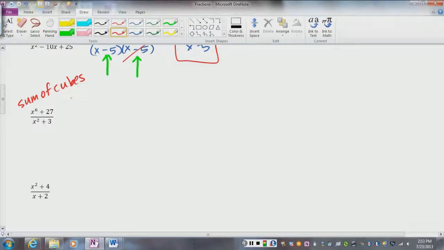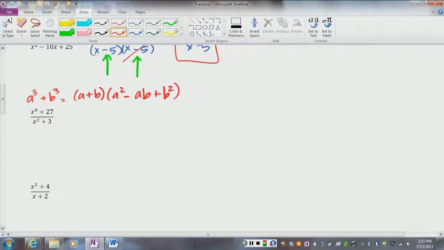We have this factoring pattern that we're going to follow, and the factoring pattern is, I'm actually going to erase that so I have a little more room to work here. It's a cubed plus b cubed equals a plus b times a squared minus ab plus b squared. So then I have to figure out what my a and my b are.